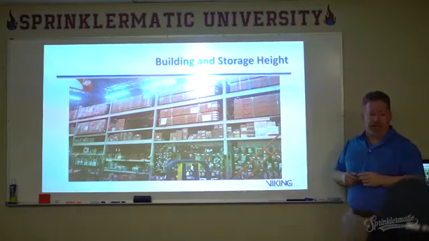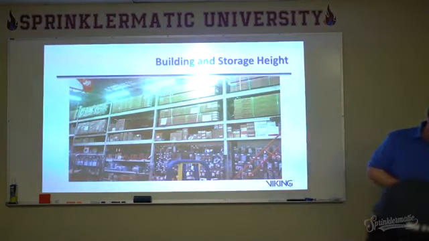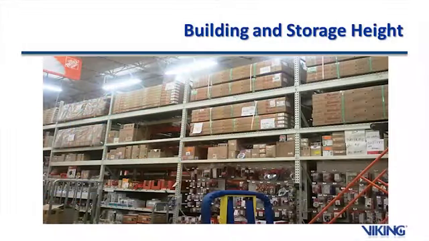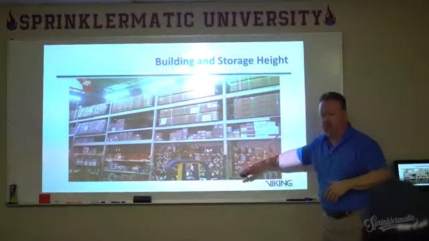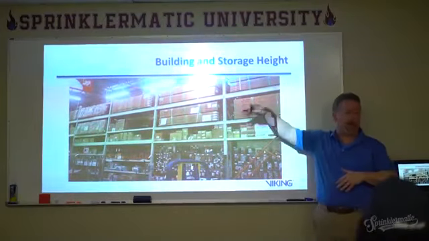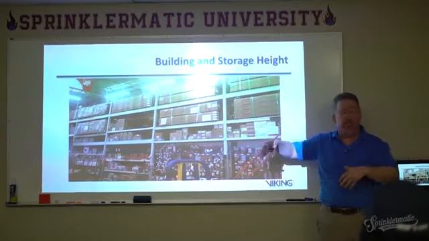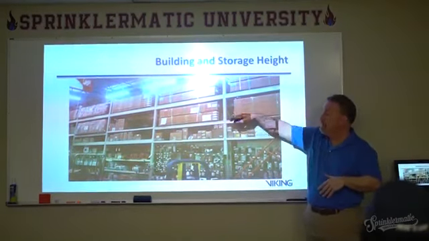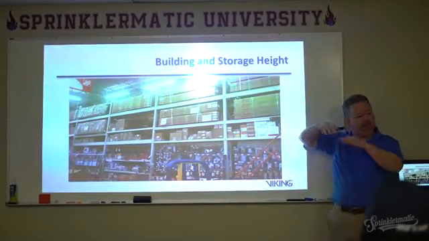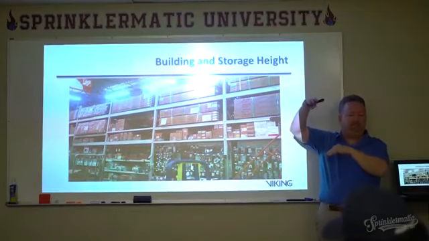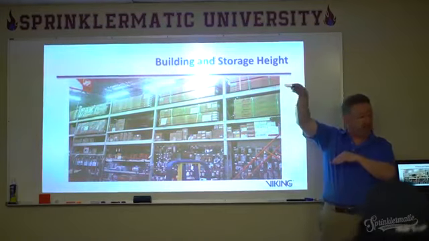Building and storage height is also an issue. This is an interesting issue that works in the reverse way that you would think. What we found is a relationship between the storage height, and the higher you go, the more storage you have, but also a relationship between the amount of space between the top of the storage and where the ceiling sprinklers are.